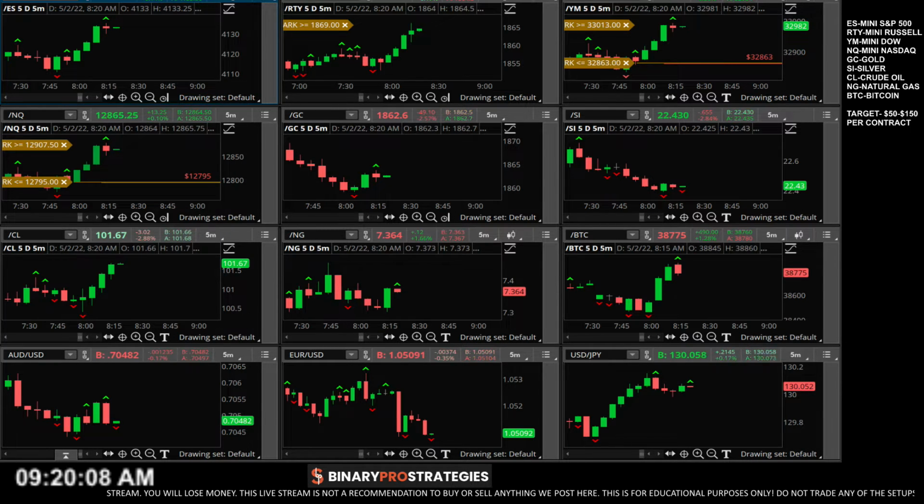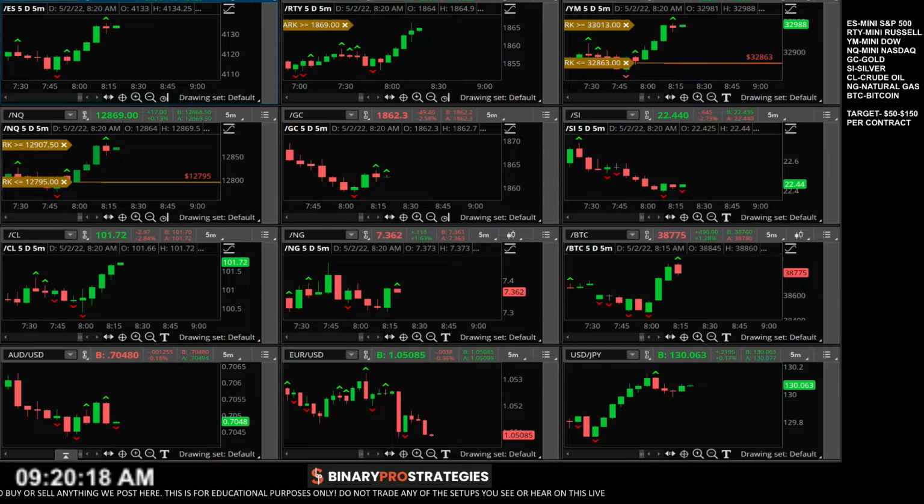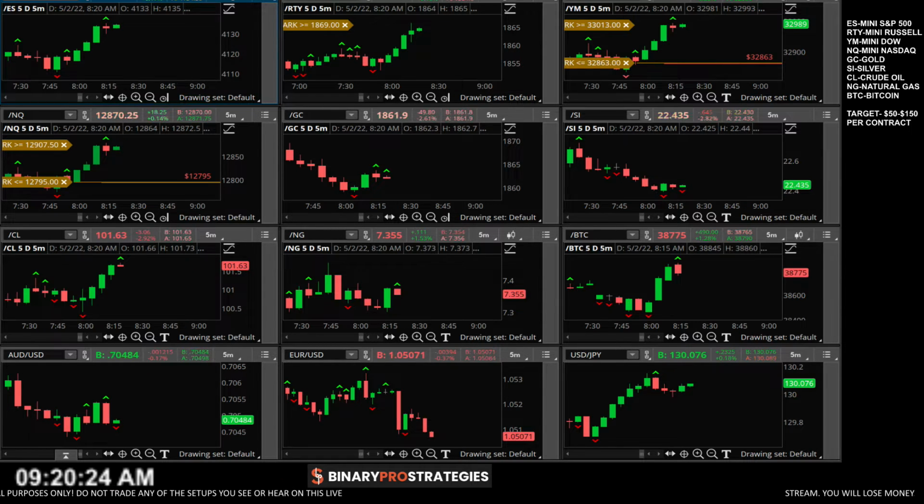And reversal, if we don't hit that first, is going to be 1854. That would be our stop. Get out of our long and reverse if we need to. But once again, once we hit target, we are out of the trade, waiting for the next setup.